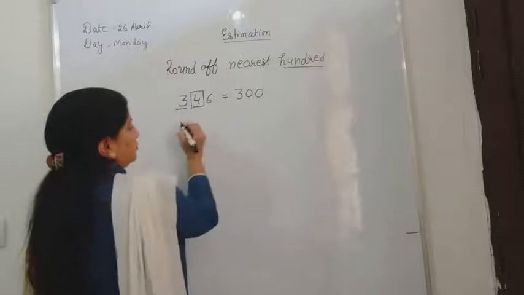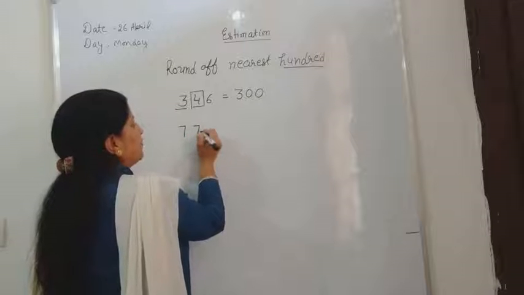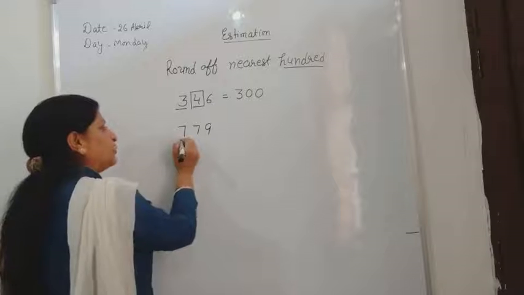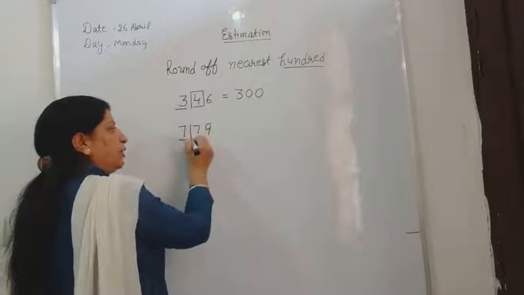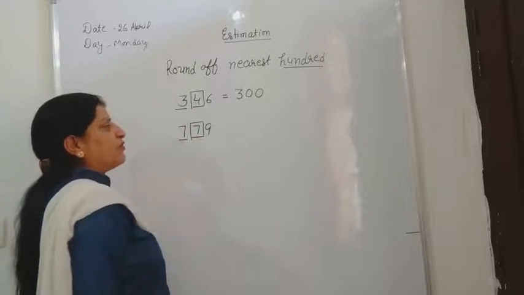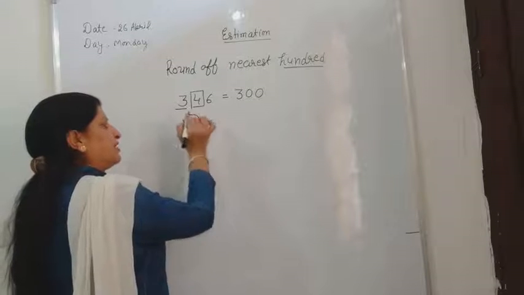After that we take one more example, 779. Again we underline the 7 because it is at the hundreds place, and the next 7 is in the box because it is the tens place.